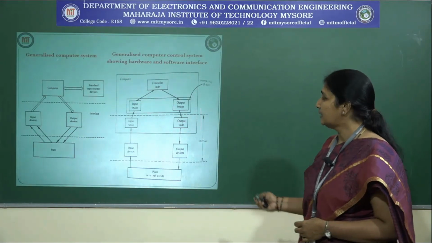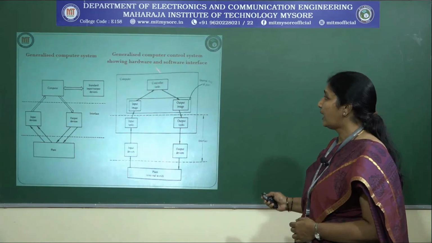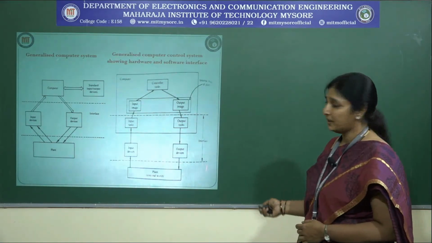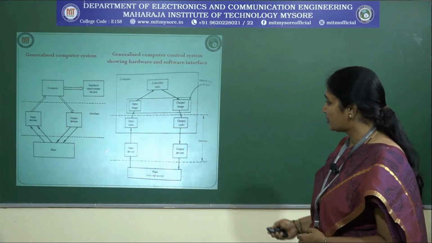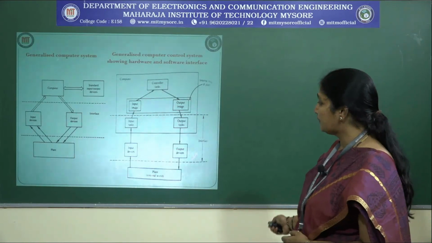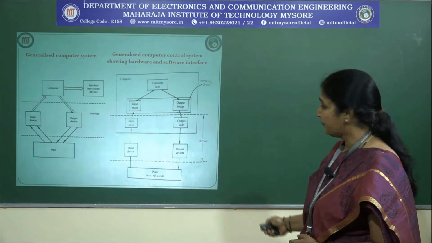Next finally you have what is called a generalized computer control system showing hardware and software interfaces. If you see the entire block diagram here, these two dashed lines are the interfacing unit. What is this interfacing? It interfaces between the plant and the entire computer.